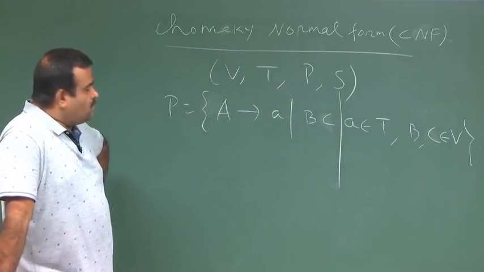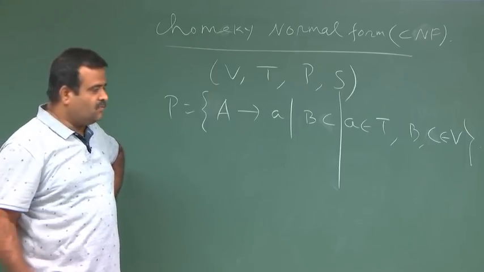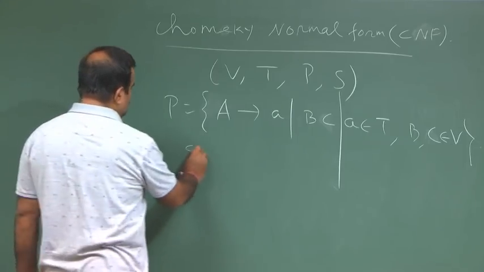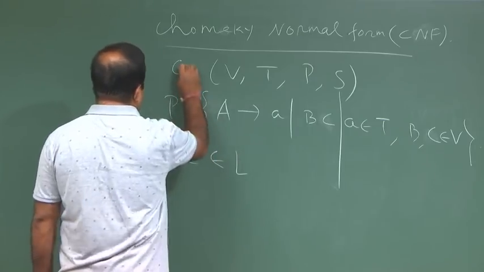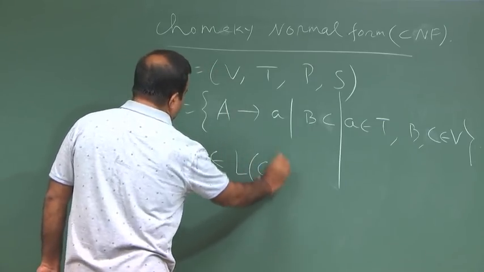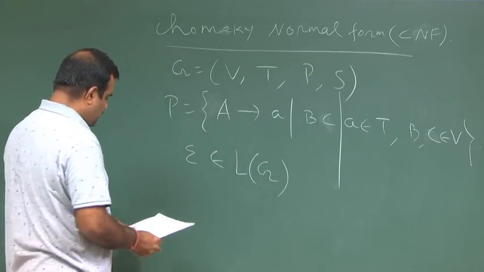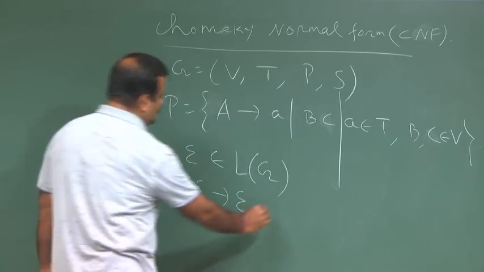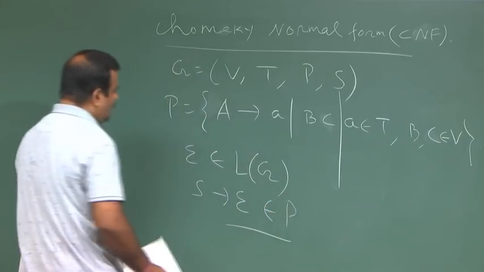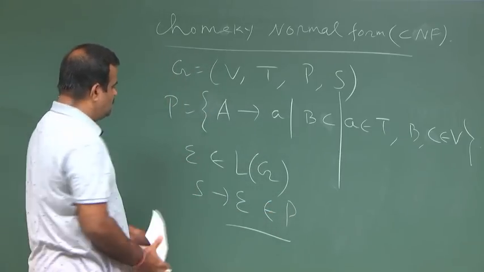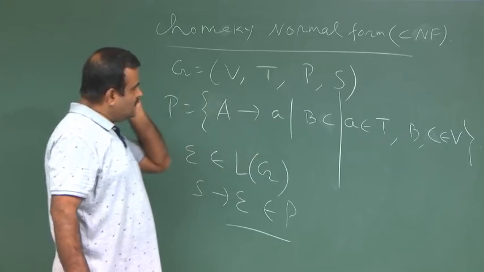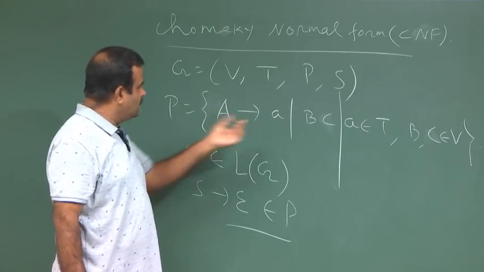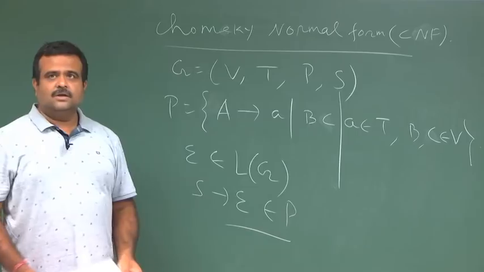If all the productions are of this form, and if epsilon belongs to the language of G, then we have a production S is going to epsilon. This production will be there in P. Otherwise, if epsilon does not belong to it, then this is not T star, this is a terminal.